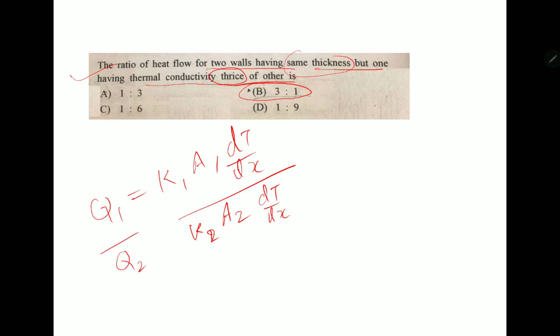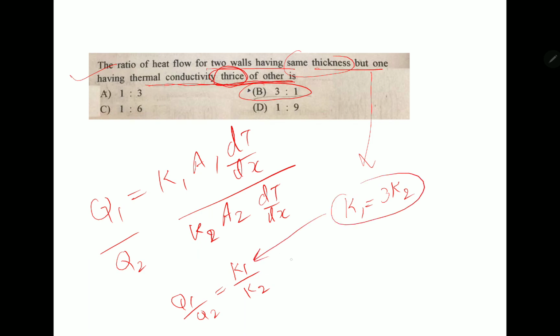Here we have the same thickness, so all other parameters we can cancel out. We have Q1 divided by Q2 is equal to K1 divided by K2. As per the question, K1 is equal to thrice K2 because thermal conductivity is thrice that of the other. So we can put this value over here.